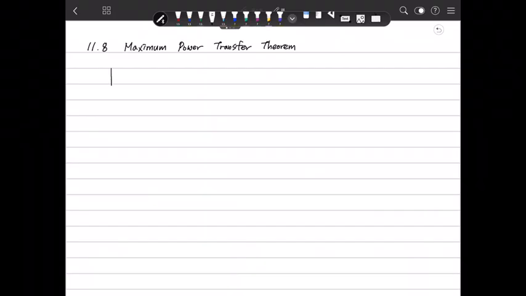I mean, we have a source here, and we call it Vt, and we have line impedance here. Actually, I don't know what's the value of that, but there will be line impedance. It's called Zt, and we have a load here, ZL.